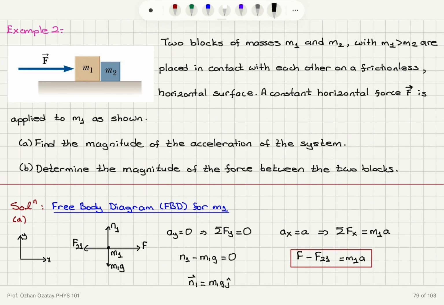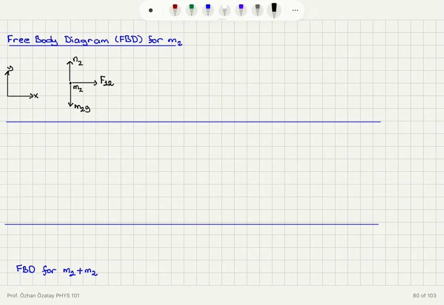F was acting on m1, not on m2, but the force exerted on m2 is due to object 1. So F12, the force exerted by 1 on 2. So what is m2 doing as a result of these forces? It doesn't have any acceleration on the y-axis. So the net force on the y-axis is 0. Therefore, n2 minus m2g is 0.